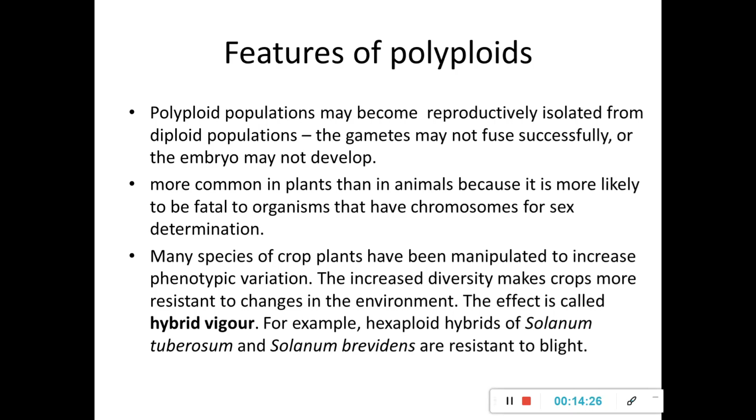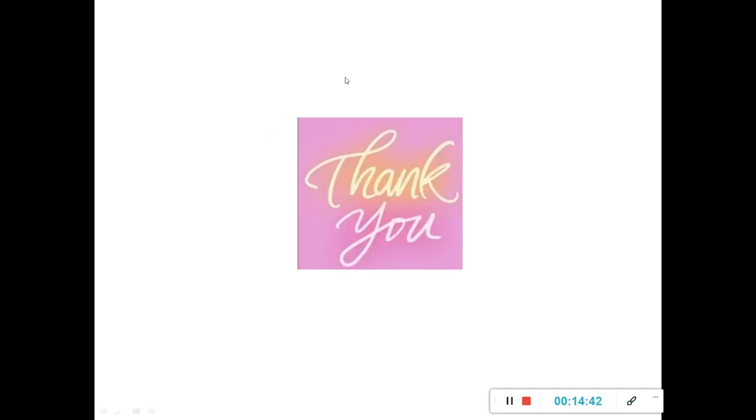And in some plants, as I told you earlier, it might result in better phenotypic variation, which is referred to as hybrid vigor. In the case of Solanum tuberosum and Solanum brevidens, you can see that they get resistance to blight. So that's about polyploidy. We'll continue in the next session with aneuploidy. Thank you.